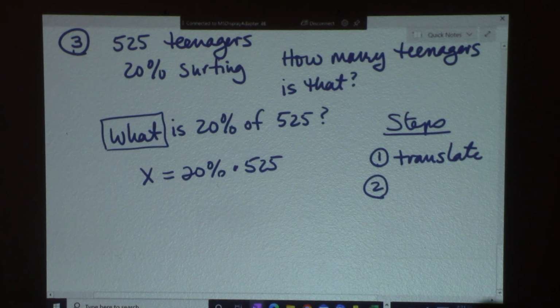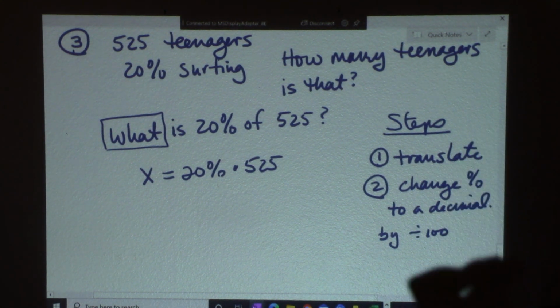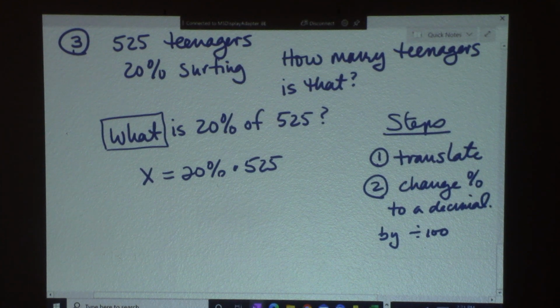So I want to change the percent to a decimal. And I do that by dividing by 100. So I'm going to take out the percent and I put in dividing by 100.